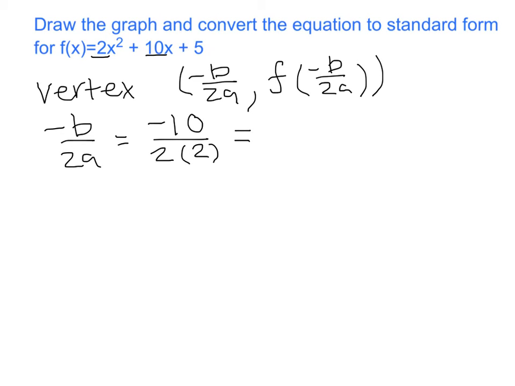Calculate that value, you're going to get -2.5. And that's my h value, my x coordinate for my vertex.